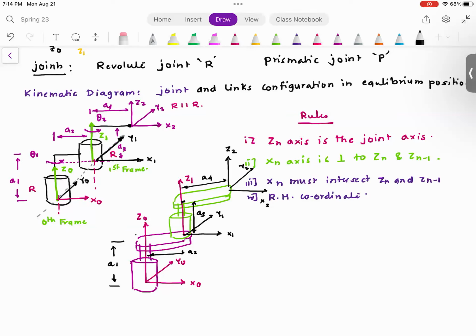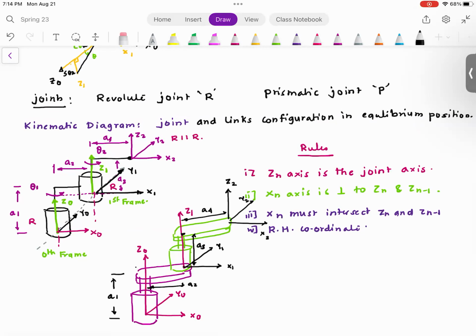Have you understood the kinematic diagram? Have you understood the rotation matrices? Yes. Okay, because that is very important. And there goes my dream of finishing forward kinematics in one lecture. Anyways, this is extremely important. One thing I want you to remember is that all the rotations are about the z axis.